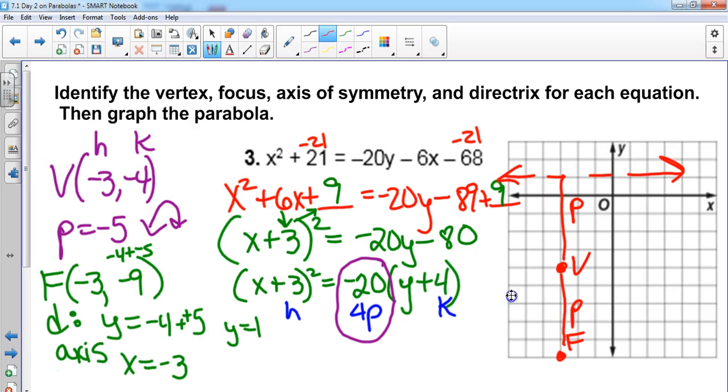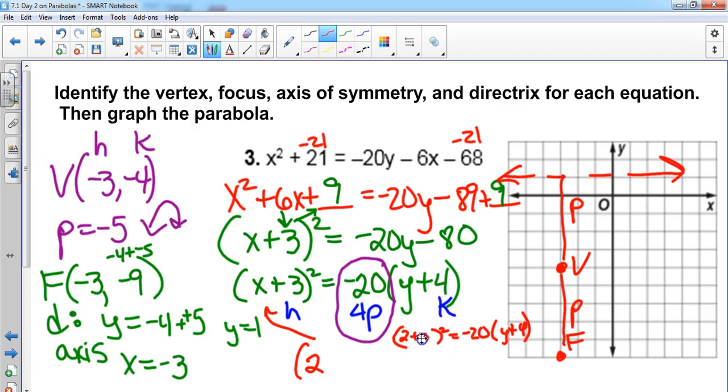All right, this one's opening down, so if we try a point +2, okay, put in a +2 right up in here. It would say 2 plus 3 squared equals -20 times y plus 4.